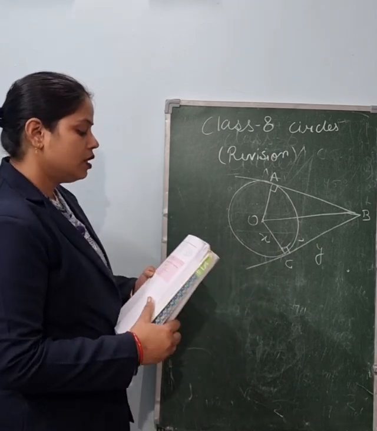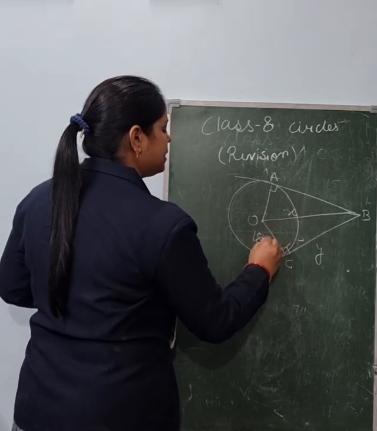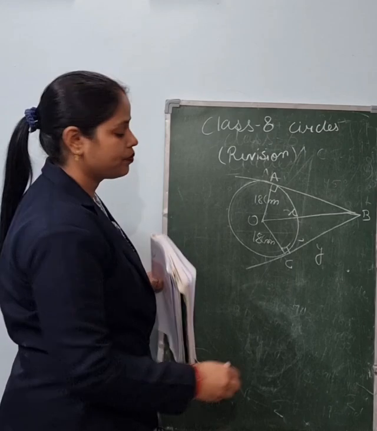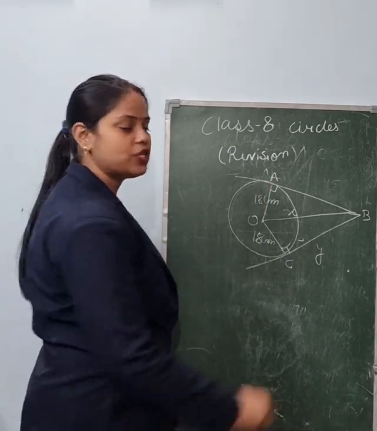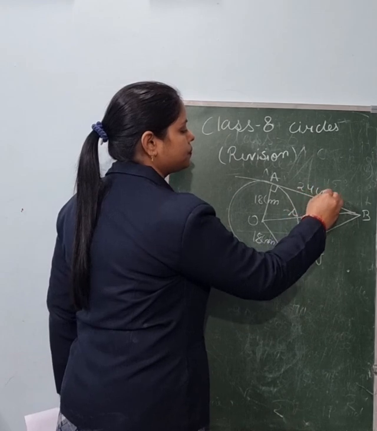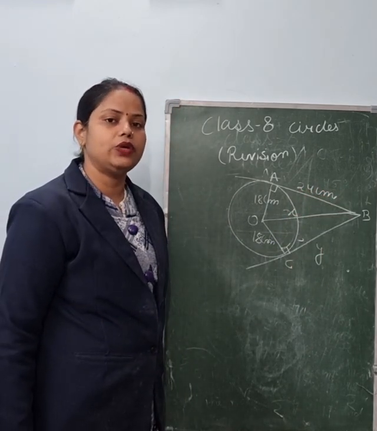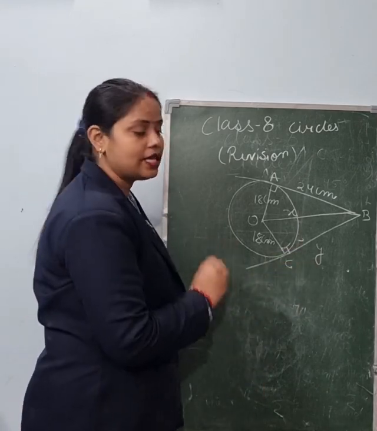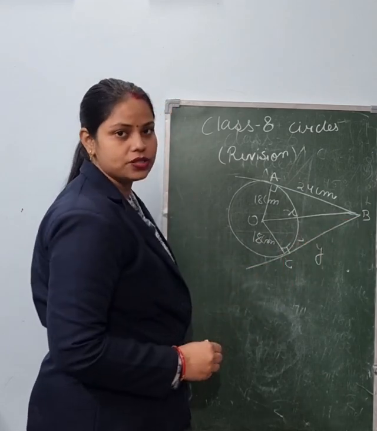Now, this is given as 18 centimeters. So this will also become 18 centimeters because both are radii. OC and OA both are radii. AB is given as 24 centimeters. Now we need to find out the value of Y and X. So here, as we can see, this AB is a tangent and this BC is also a tangent.